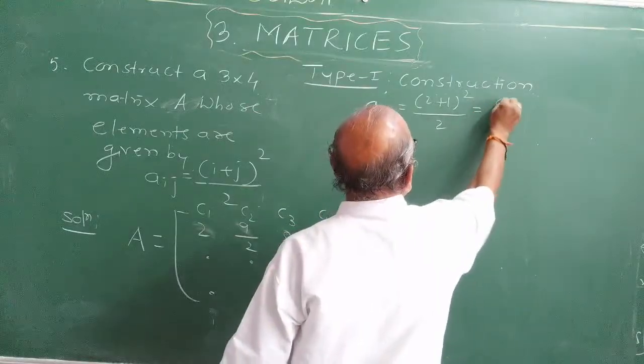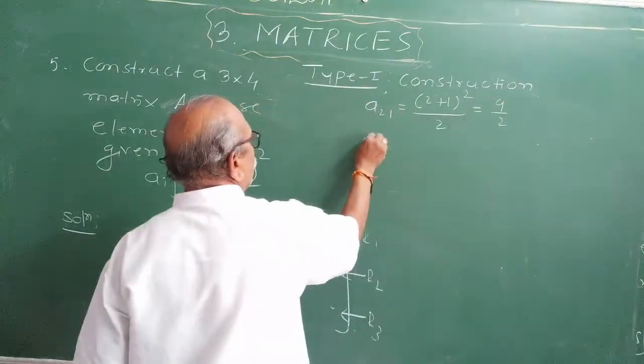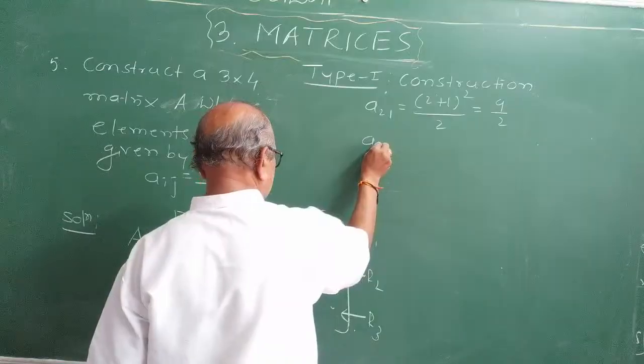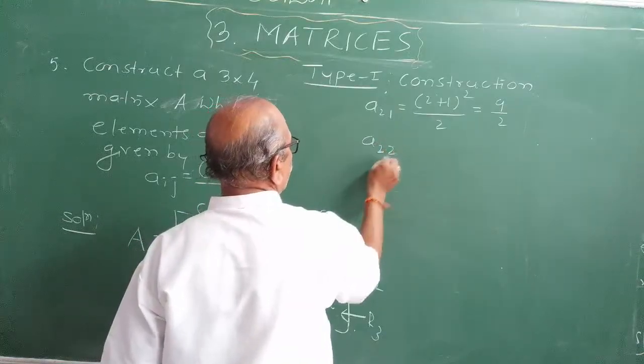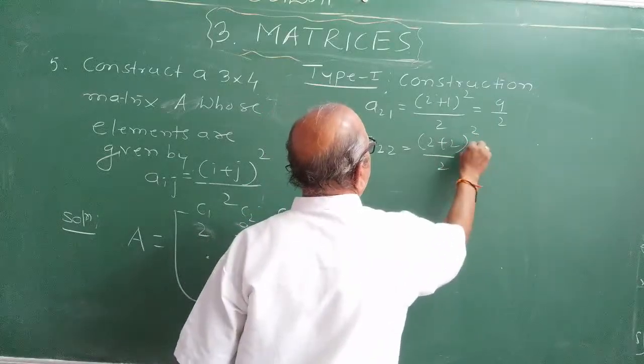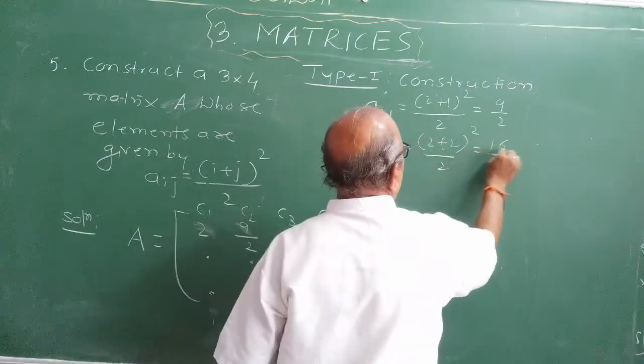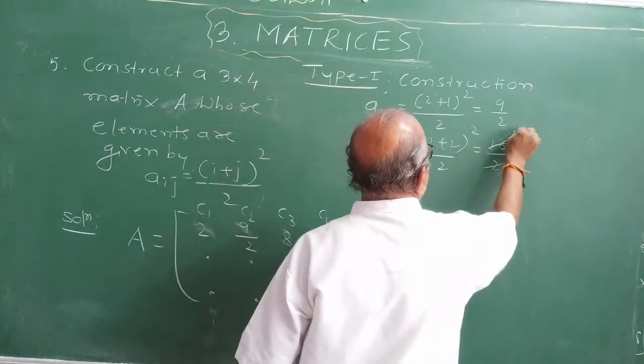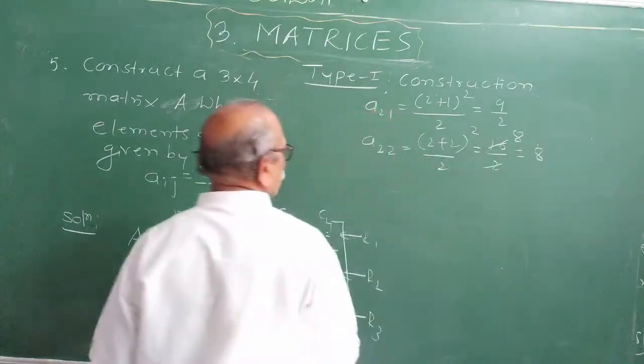You will get 3 square, which is again 9 by 2. A22 will be (2 plus 2) square divided by 2. 4 square is 16 upon 2. You will get 2 ones are 2, 2 eights are 16. The element will be 8.